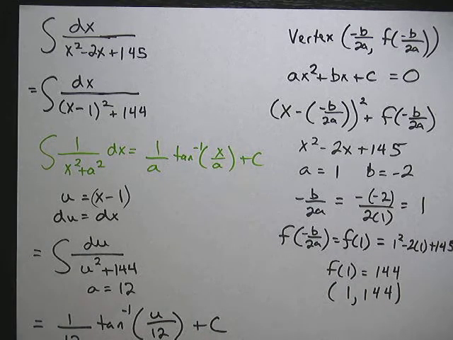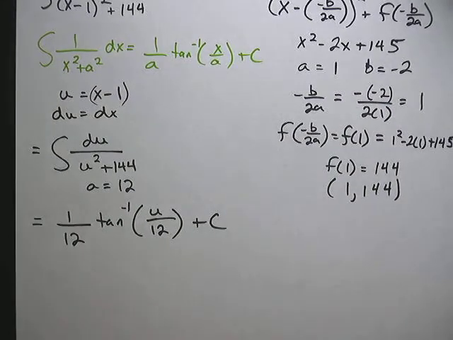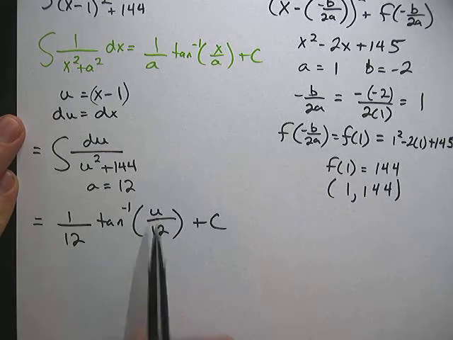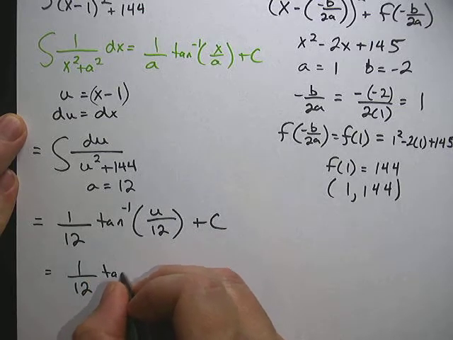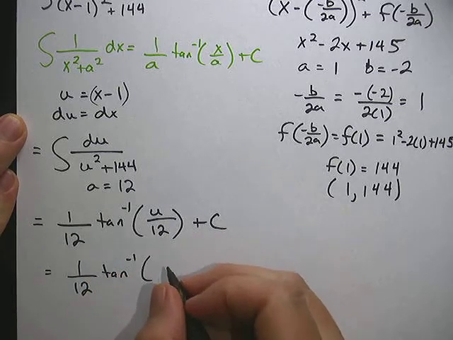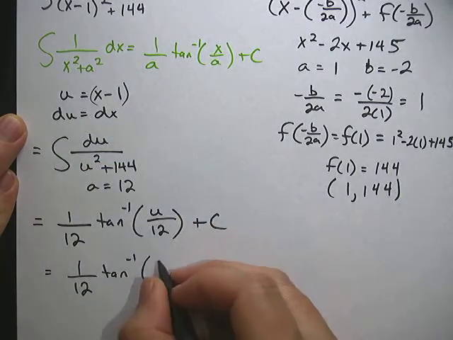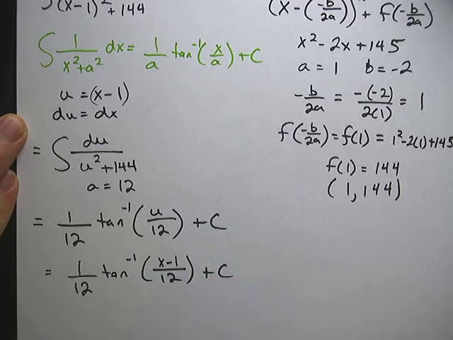We need to go back and use our substitution, because our problem started with a variable of x and we need to end there as well. So we get 1 over 12 tangent inverse of, since u is equal to x minus 1, x minus 1 over 12, plus c. And that's the answer.